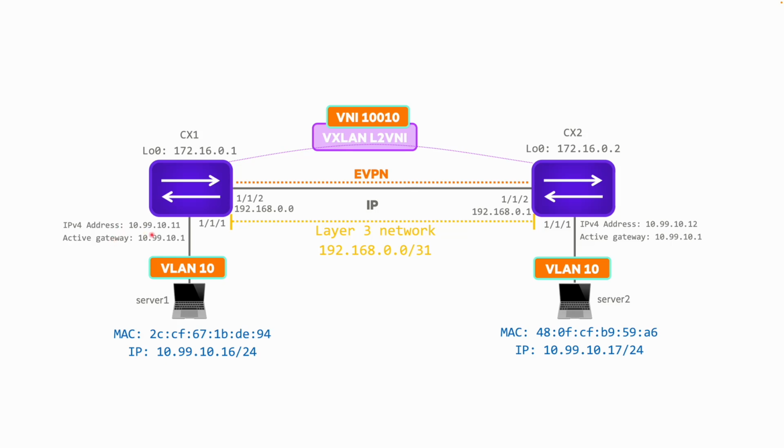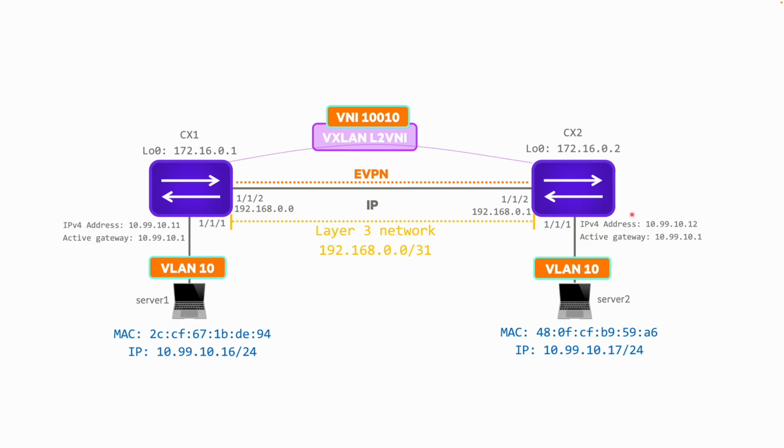And also we are going to configure different IP addresses for the SVI. So VLAN 10 is going to be .11 here and .12 here. Like I said, there's a lot going on in this diagram, but we will build this up in parts.